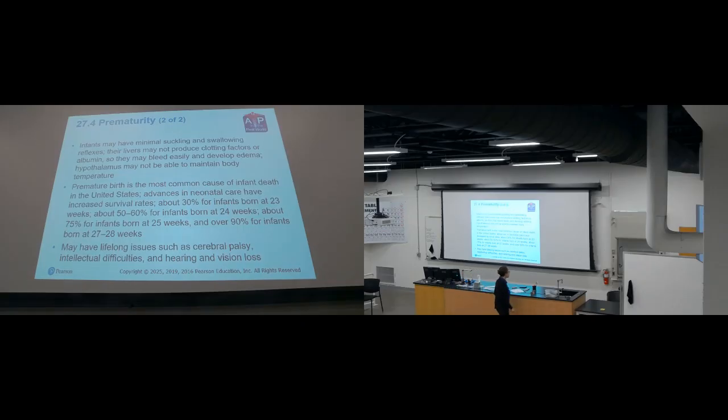So that's also part of the problem with prematurity. Since the liver is immature and they don't produce clotting factors, chances are, as the baby is passing through the birth canal, the ventricles in their brain get damaged, and then they can have a hemorrhage in the brain, which is called intraventricular hemorrhage. The baby also can develop edema out of these problems, and the hypothalamus may not be able to maintain the body temperature.